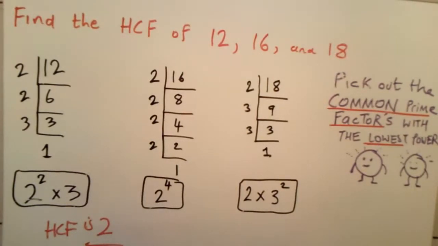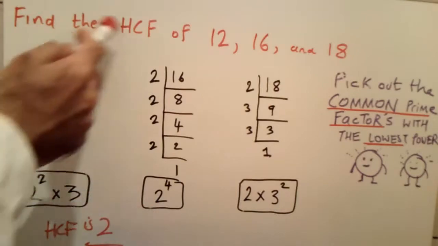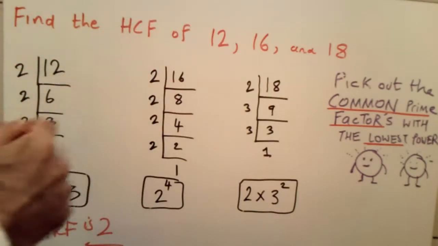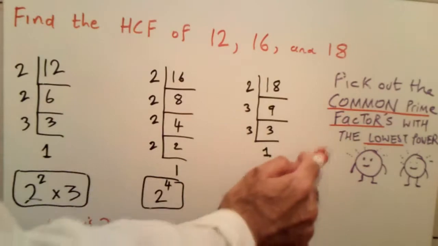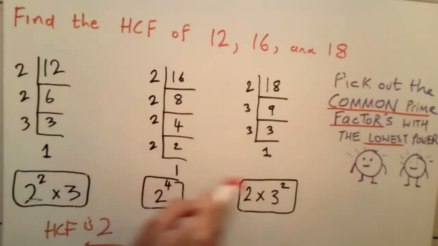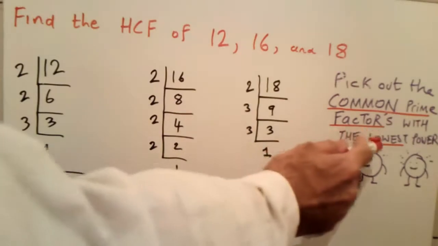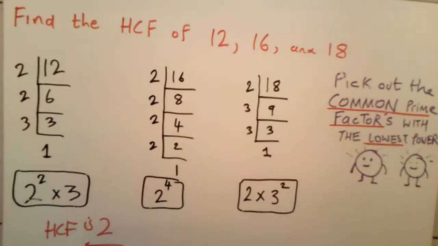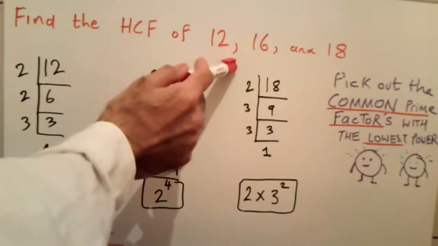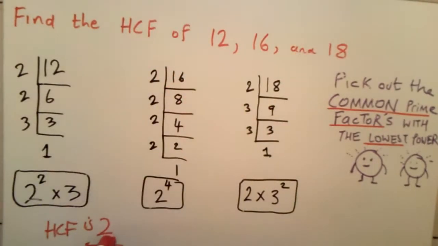So this example is introducing the method of finding the highest common factor using the prime factors. Basically we look for what is common in all the prime factors that we found, and we pick the lowest power. So the highest common factor of 12, 16 and 18 is just 2.